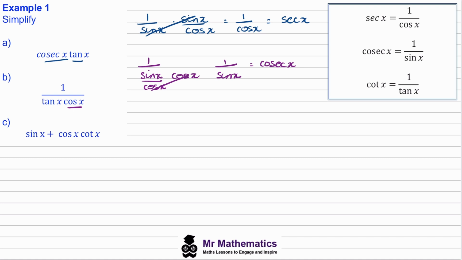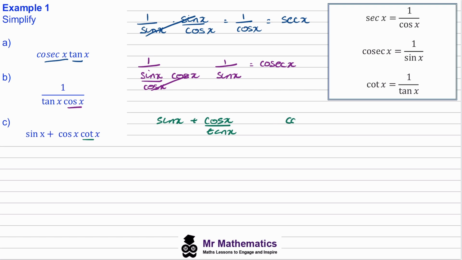How did you get on with that? Do you want to try question C? So we have sine x plus cos x times cot x. And this is 1 over tan x. So we can write this as a division. And then we can simplify cos x over tan x.